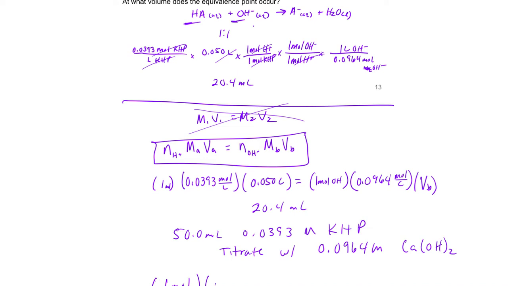That's where that's coming from. Same concentration, same volume as before. Now for every 1 calcium hydroxide, we have 2 moles of OH minus. So that's where that's going in. Same concentration. And we're again solving for the volume of the base.